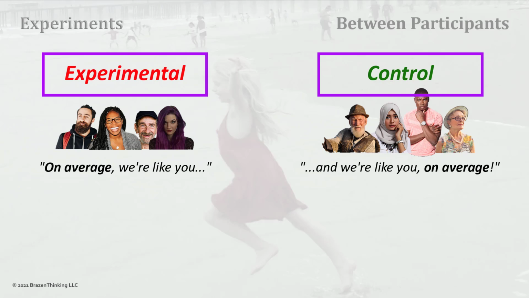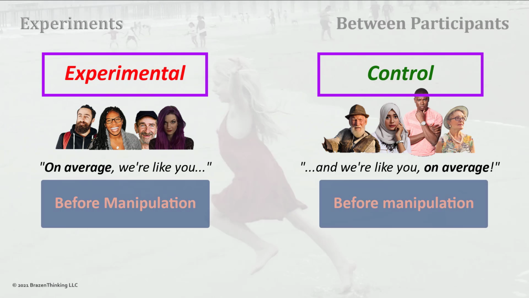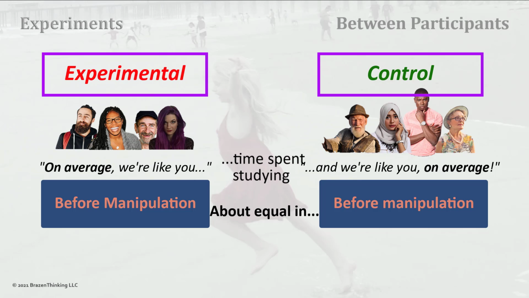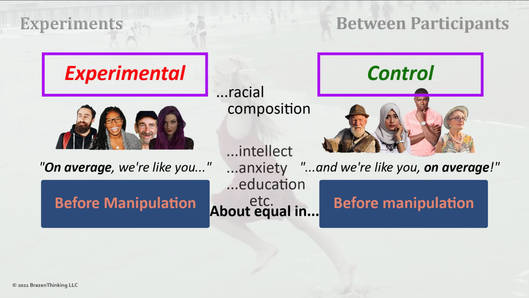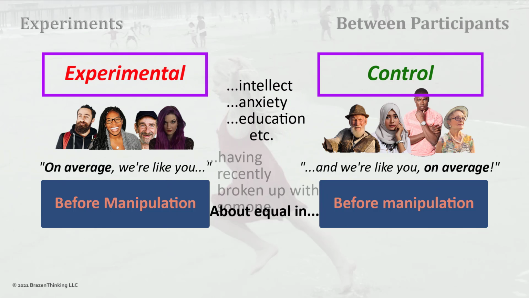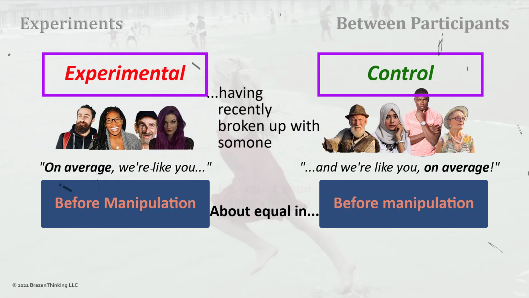Fortunately, there's a relatively simple way to create two different groups of participants that would be, without your manipulation, at least roughly equivalent, on average, in their scores on the dependent variable, and any characteristics that might influence those scores.